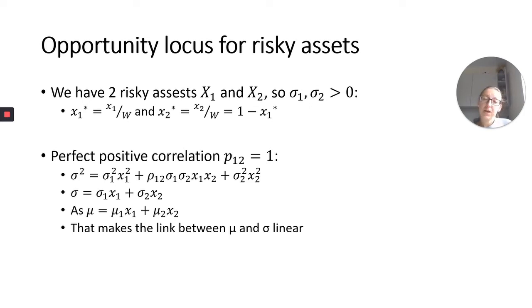There are many combinations, and they mainly depend on the correlation of the linkage between the returns of those two assets. In one case, those two assets may have perfect positive correlation, when ρ12 would be equal to 1, meaning that if the returns of one asset increase, let's say by 10%, the returns of the other asset would also increase by 10%.